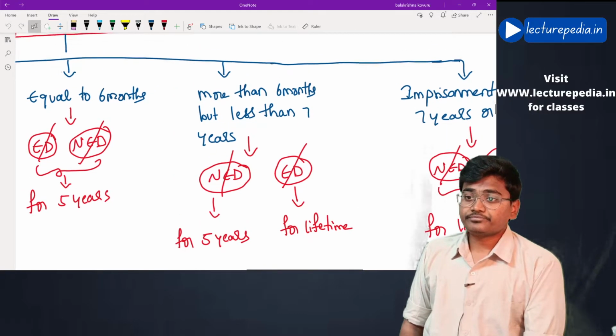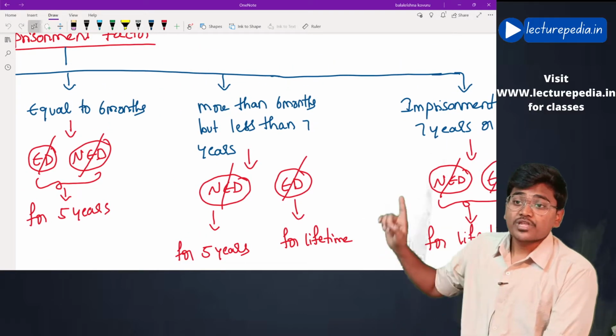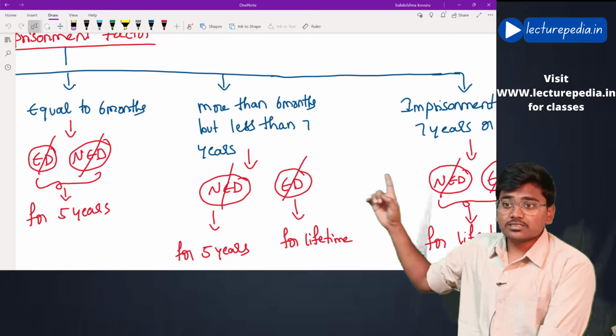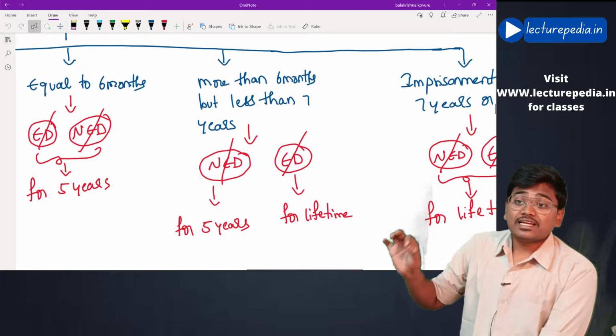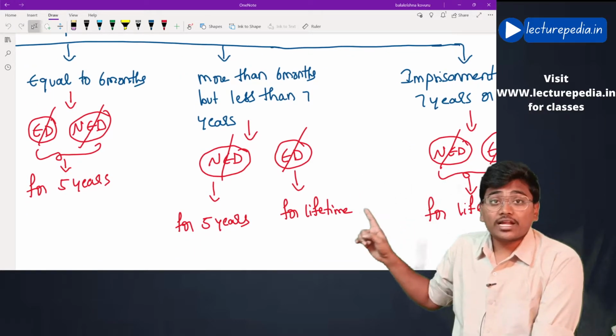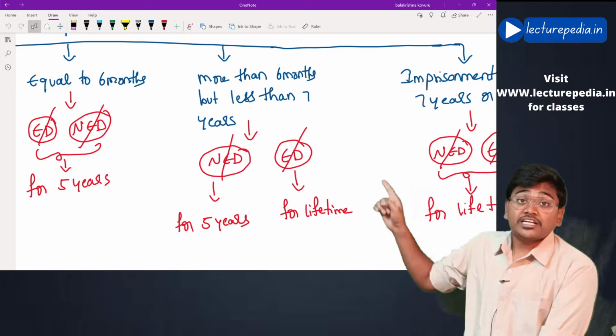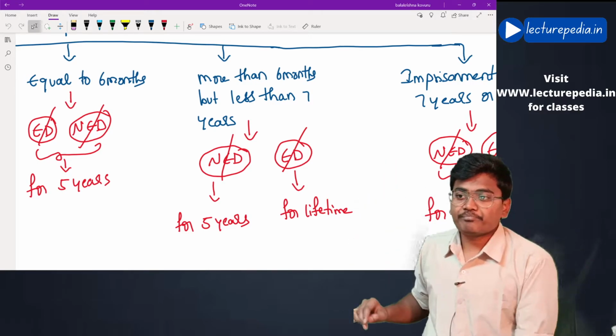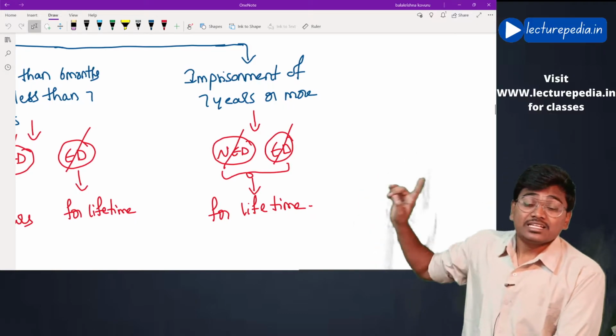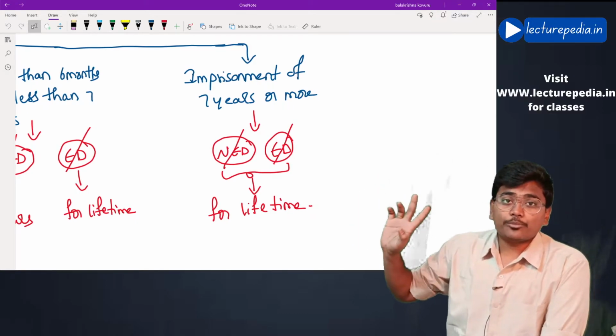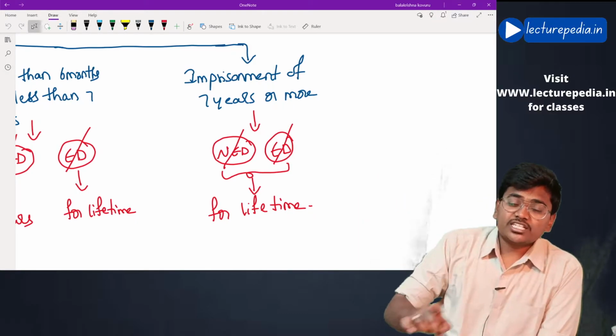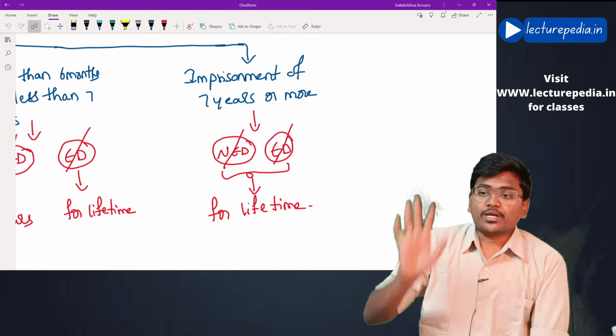Whereas if he has been imprisoned for more than 6 months but less than 7 years, then he cannot be appointed as non-executive director for 5 years, and executive director for lifetime. And if imprisoned for 7 years or more, in that case he cannot be appointed as both non-executive and executive for lifetime.